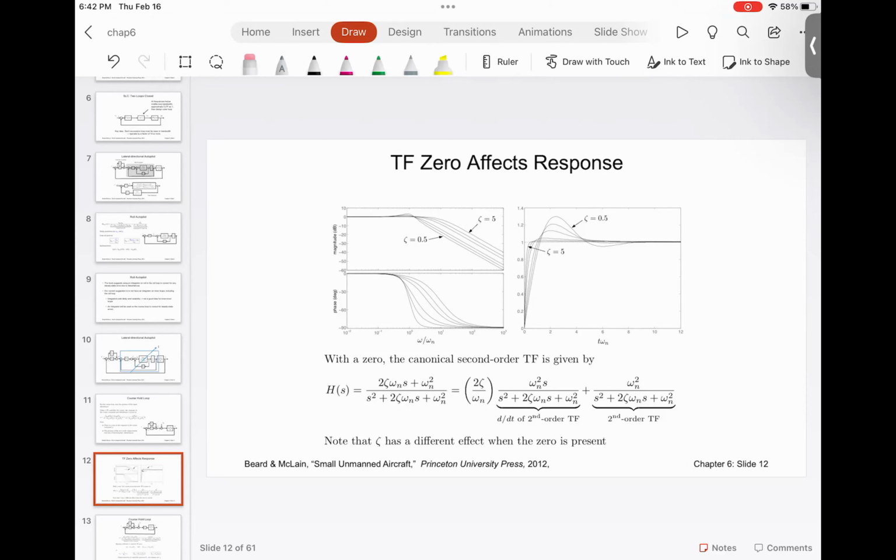And please understand this performance curve. On the left hand side, what is on the left hand side? Bode plot. Remember Bode plot? Okay. So on the left hand side, we have the Bode plot.